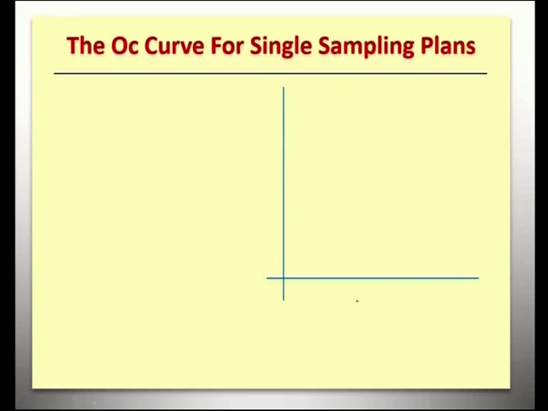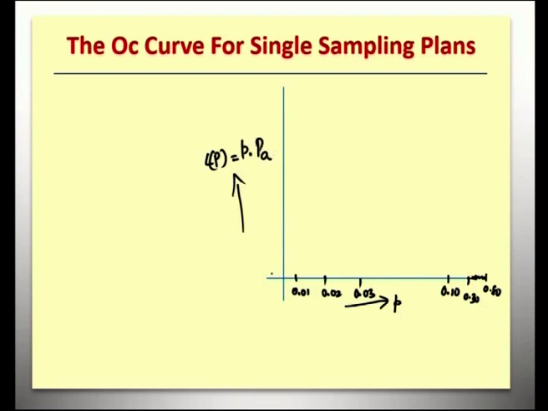First, we plot the p values along the x axis, starting from 0.01, 0.02, 0.03 and so on up to 0.10, then 0.30 and onwards up to 0.80. On the y axis we draw L of P, where L of P is equal to P into PA, with values from 0.1, 0.2 up to 0.9 and then 1.0.